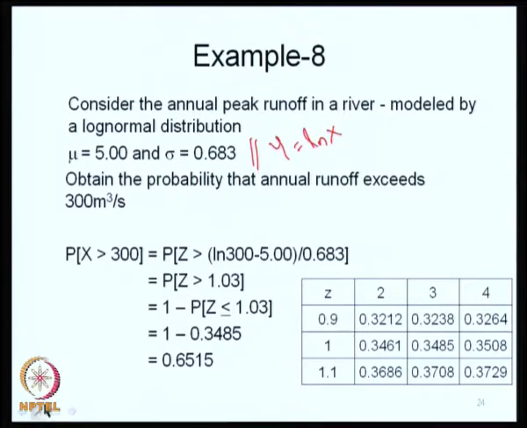And then, because y is equal to ln x follows normal distribution, you can convert probability of x being greater than 300 as probability of z being log of 300 minus 5, this is the mean, divided by 0.683, which is the standard deviation. Then we use the normal distribution table as we did in the previous examples, and get the probability of x being greater than 300 as 0.6515.